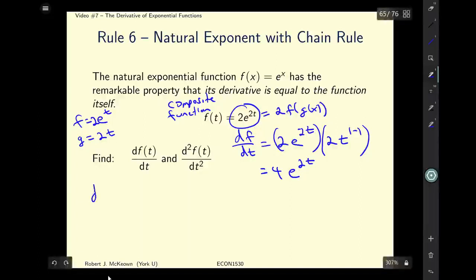Now, what is the second derivative going to look like?